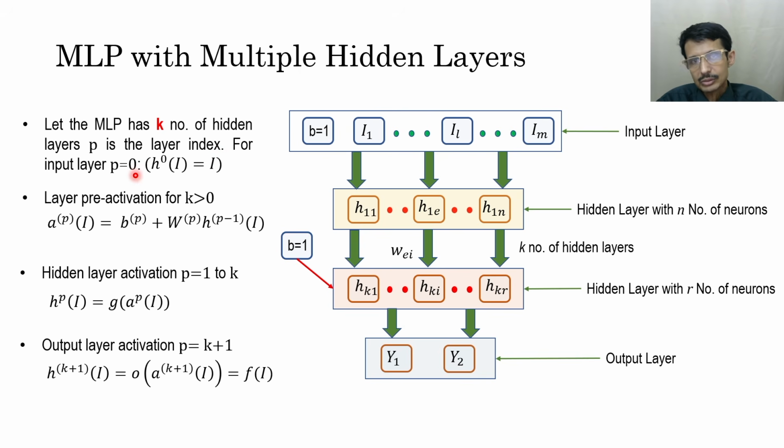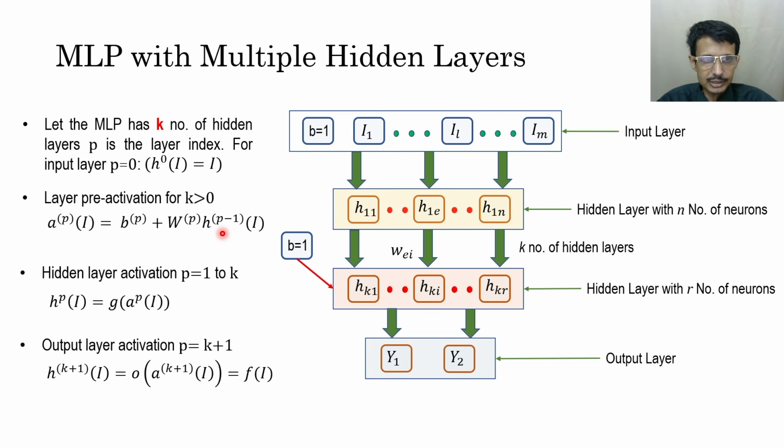For the input layer, this is the bias. So the layer pre-activation is a_p(i) = b_p + W_p h_p, which is the computation before applying the activation function.